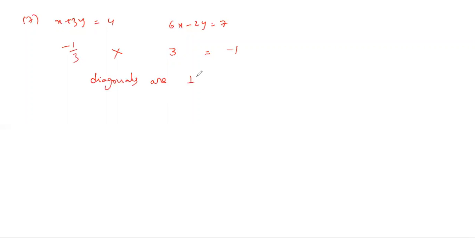-1 means the diagonals are perpendicular. So which option you have to choose? Square or rhombus? Square. Square, wrong. How can you say that it is a square without knowing the size? You can say it is a rhombus because every square is a rhombus.